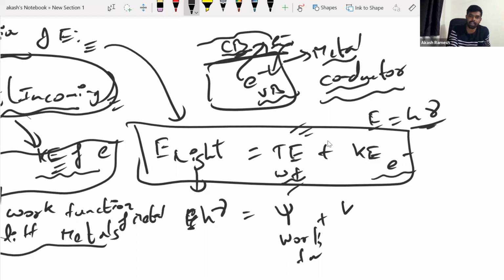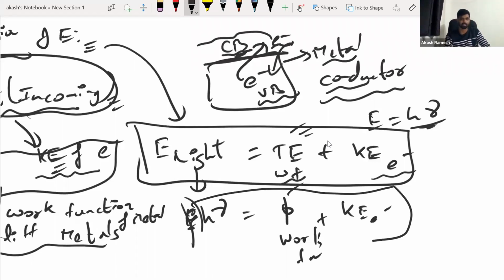Oh, I'm sorry, the symbol is wrong. I'm so sorry. The other psi should come. Okay, this symbol. Put a circle and draw a line. So this equation also you can remember. H nu is the incoming light's energy. Phi or psi, whatever you want to call it, that's the work function, plus the K is the kinetic energy.